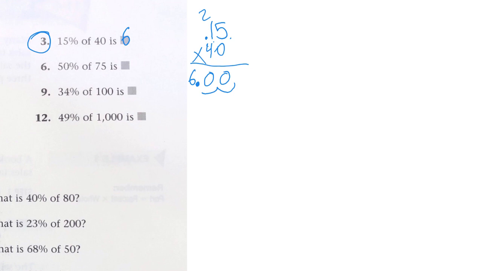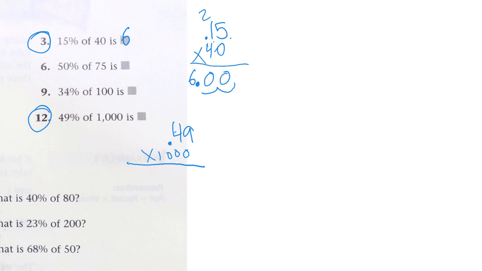All right, let's take a look at number 12, since we have more space. Step 1, 49% becomes 49 hundredths. And then we're going to multiply that times 1,000. We're going to count the zeros.